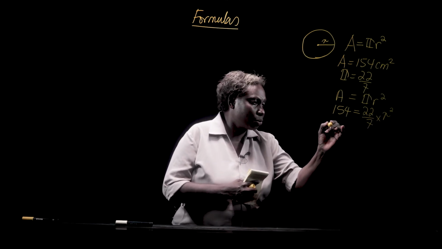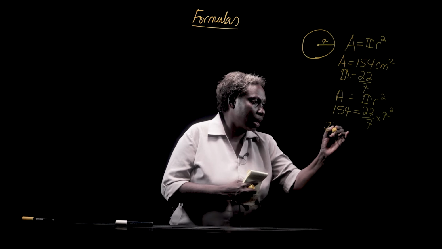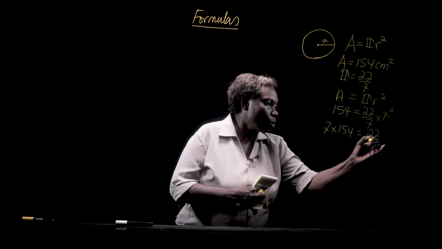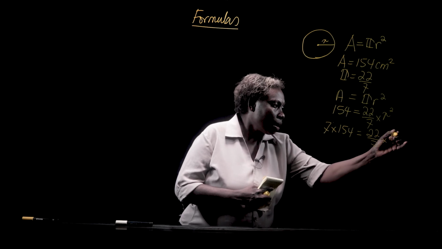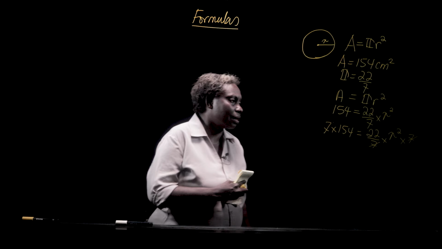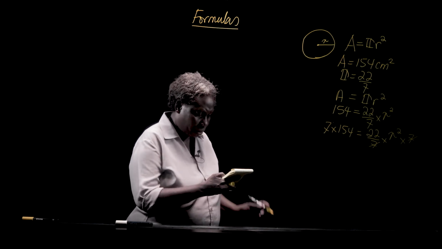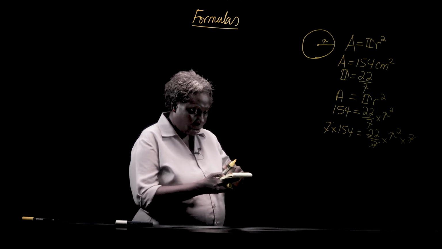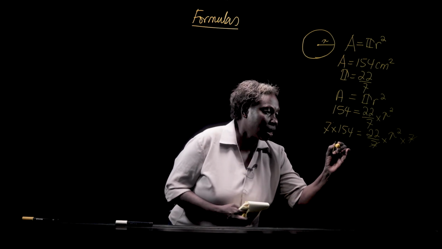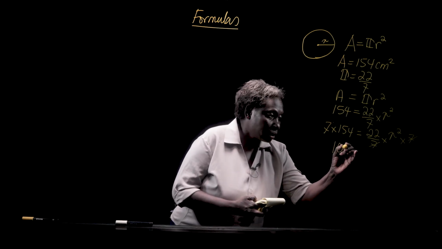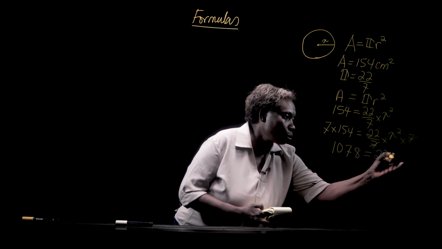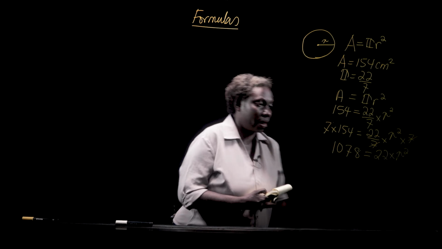We have 7 times 154 equals 22 on 7 times radius squared times 7. This 7 cancels out. 7 times 154 is 1078, so we have 1078 equals 22 times r squared.